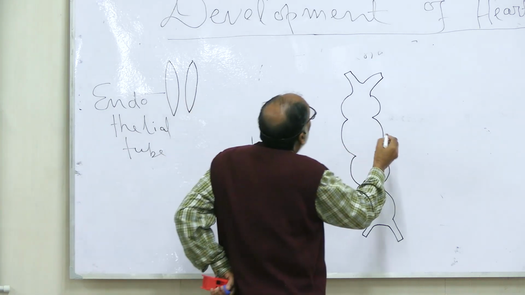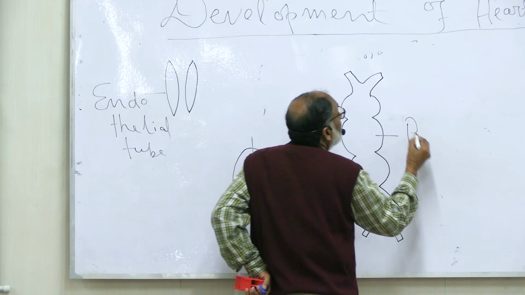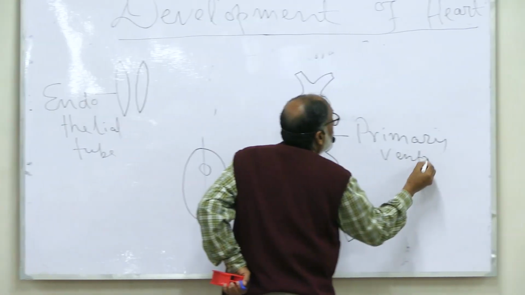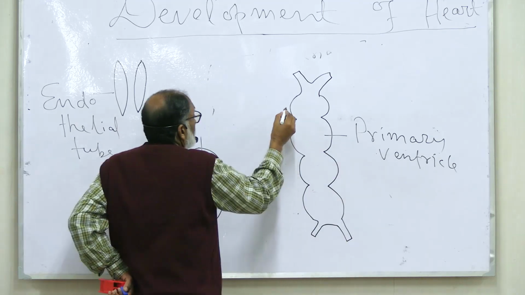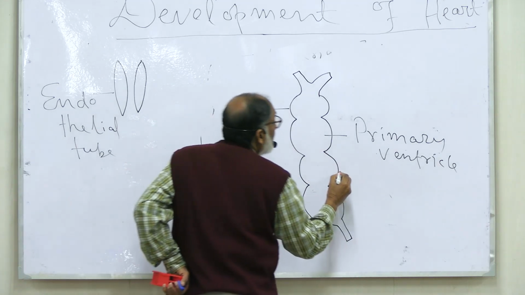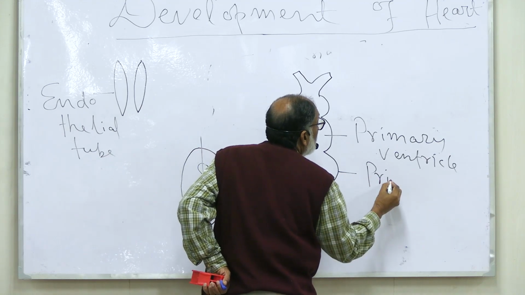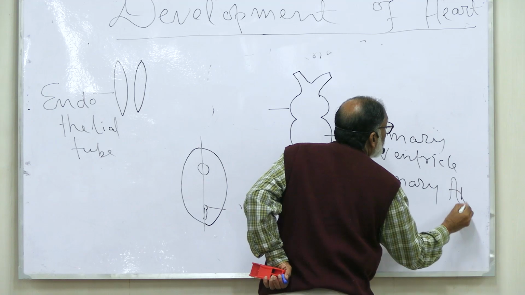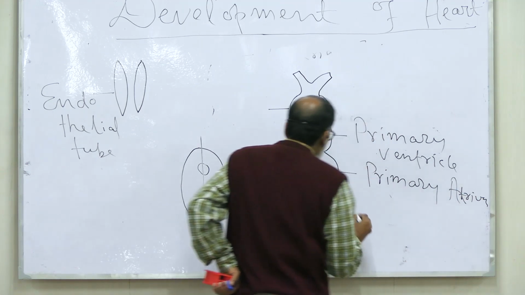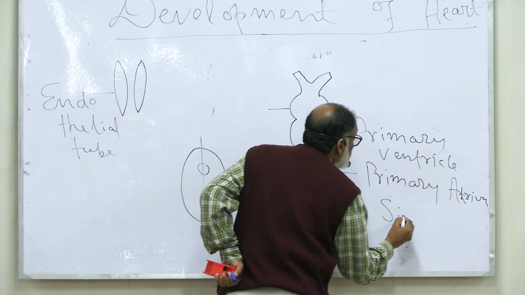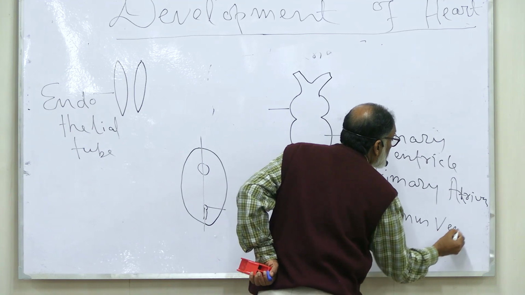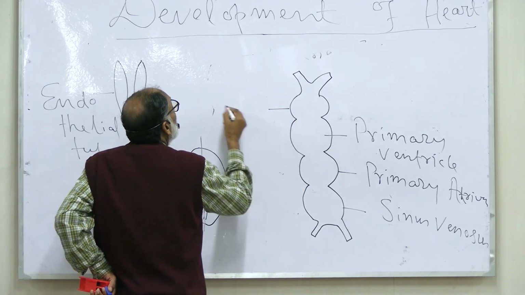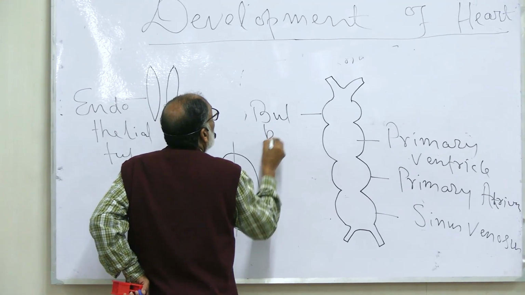Now they are known as: this is the primary ventricle, this is the primary atrium, this is the sinus venosus, and this is the bulbar part.